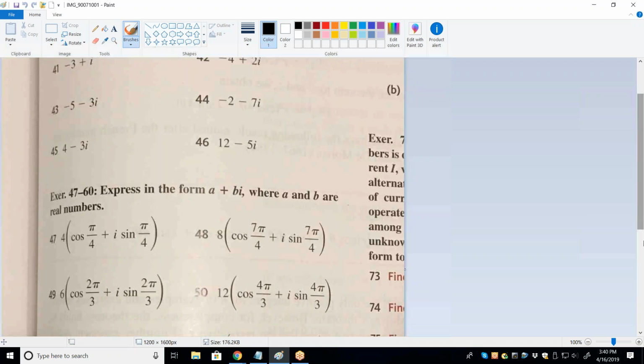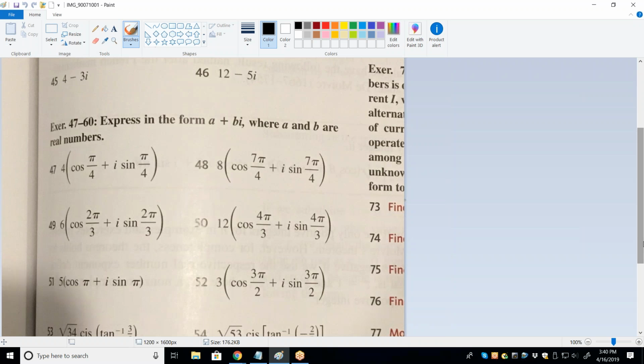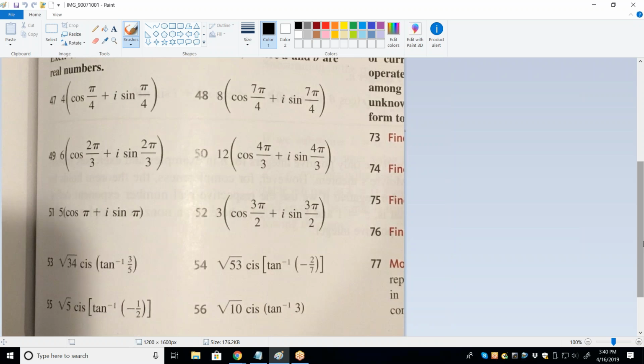The directions here are to express it in the form A plus Bi, where A and B are real numbers. Notice this is in the cis format, and the cis format is this.